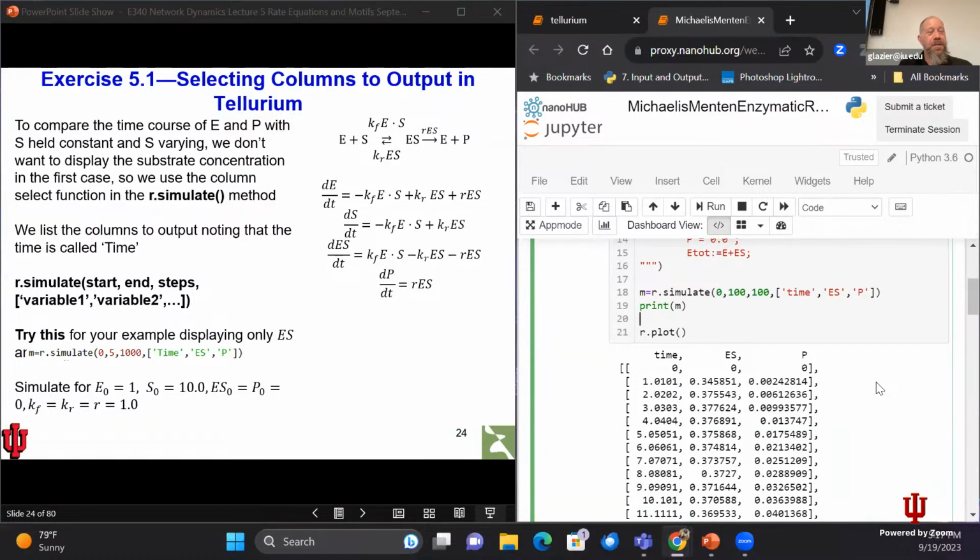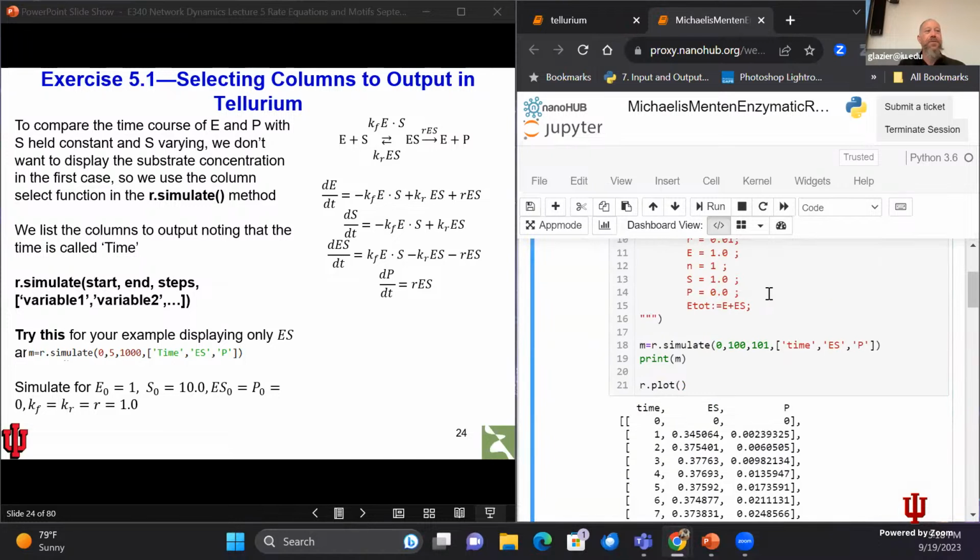And that's because it's dividing things 0 to 100, because of the way Antimony counts things, it's really 99 steps. So it's got an increment of one more than it should. So if I do 101 steps, then it actually does it by 100.